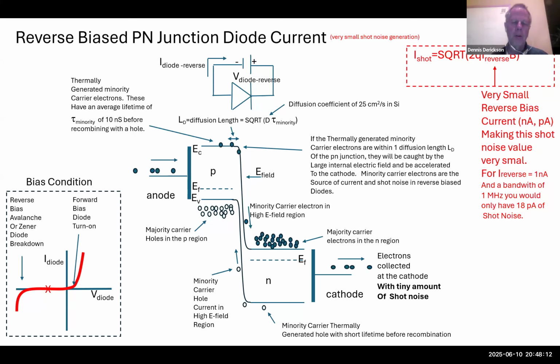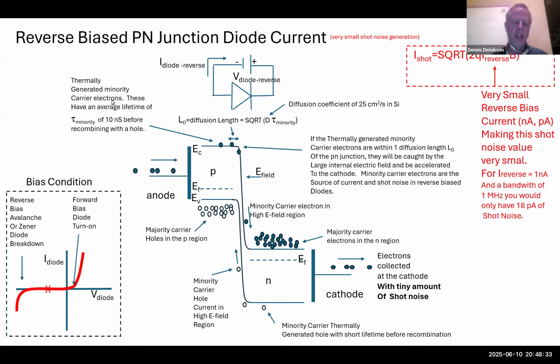And these holes are the majority carriers. There's lots of them. But also in the p-type material, we have just a few number of electrons right here. Those are the minority carriers, and they are the minority carriers because there's so many holes that want to eat up the electrons that depresses the quantity of minority carriers.